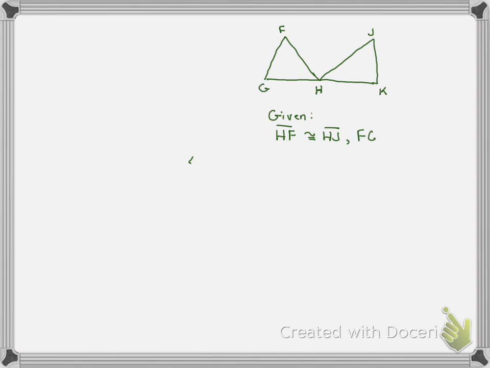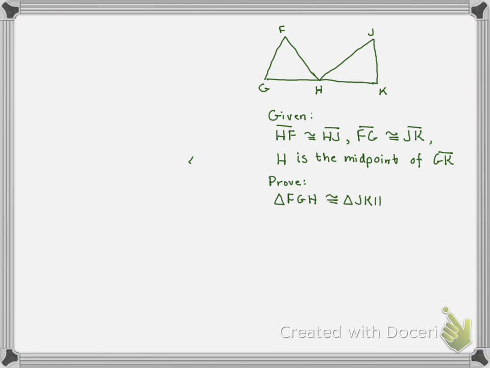If you draw these triangles and you mark them according to the information that you're given, you'll be able to see what triangle congruence theorem or postulate you're using, and then you can say the triangles are congruent by SSS, SAS, etc. So we draw the figure, we write the given, and then underneath that, we write what it is we are proving: that triangle FGH is congruent to triangle JKH.